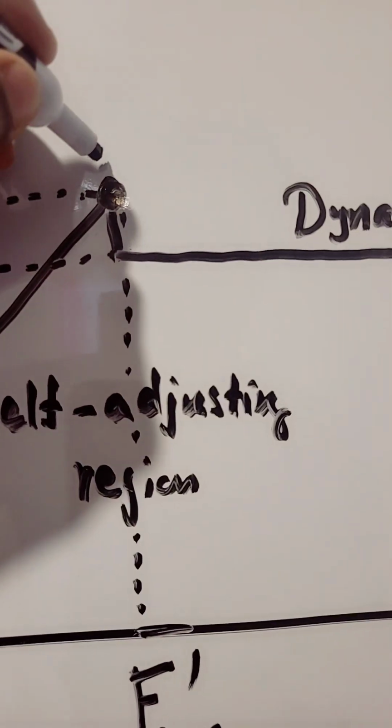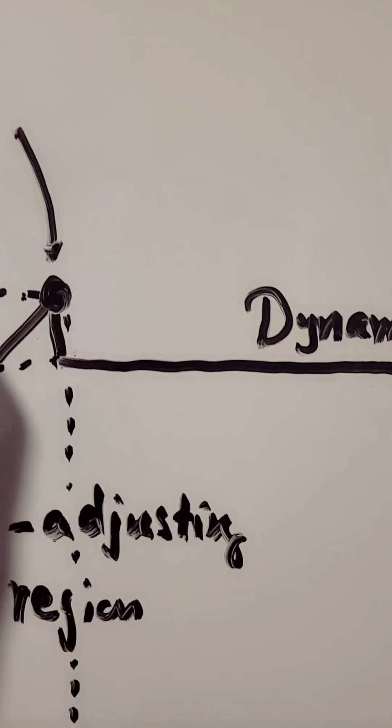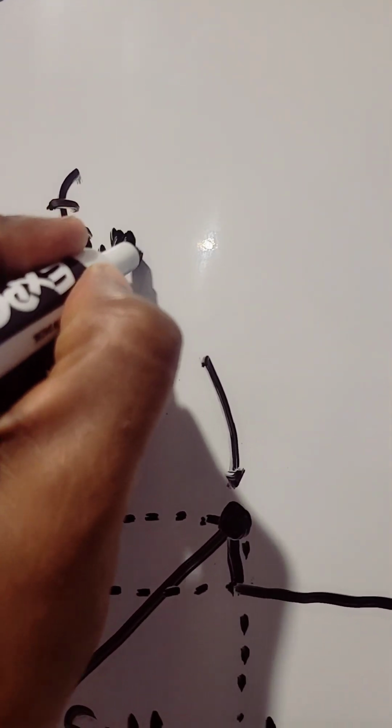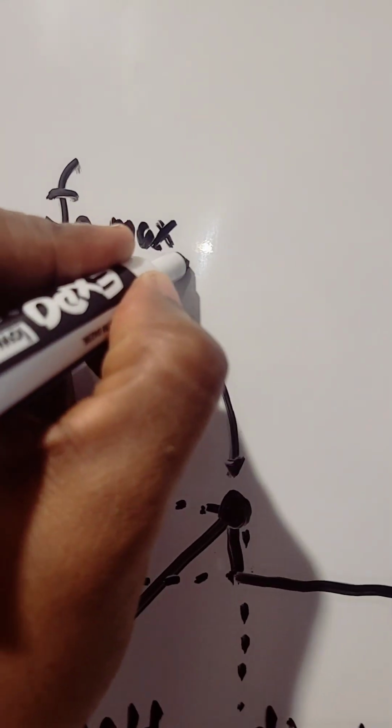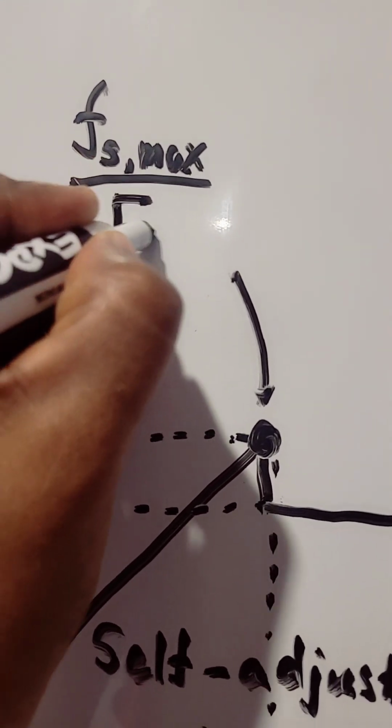So we have this as a special point where we will have the maximum value of the static friction force divided by the normal force.